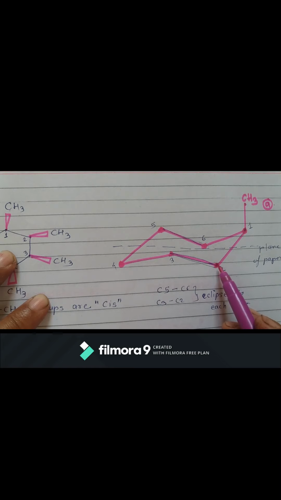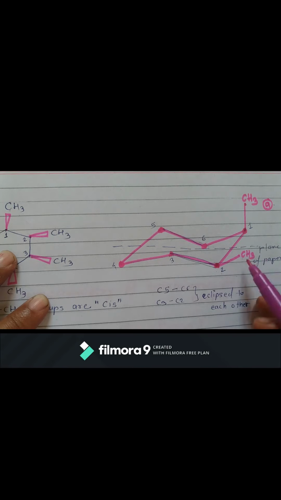atom. So the second methyl group should be in equatorial manner, and we have to draw it above the plane of the paper. Here is the plane, so that one is not exactly above the plane like the axial methyl groups, but at least it is pointing above the plane, showing direction to above the plane of the paper.